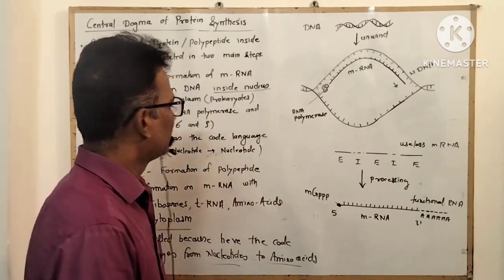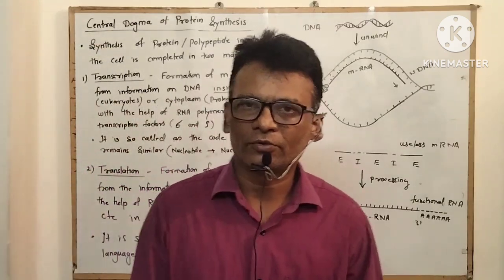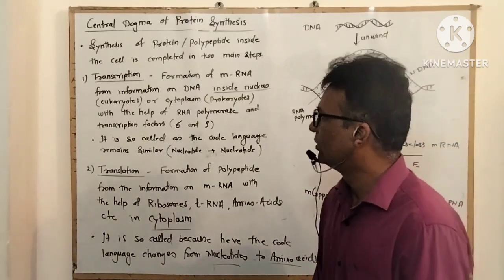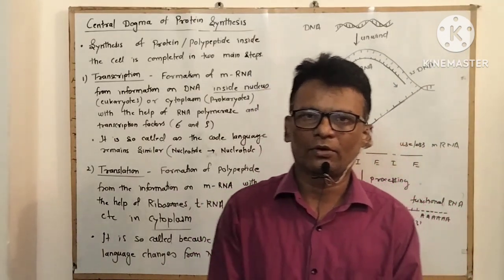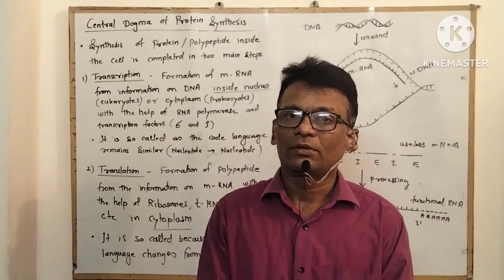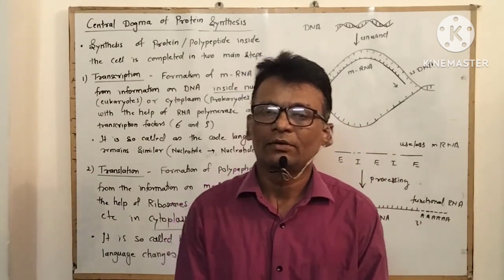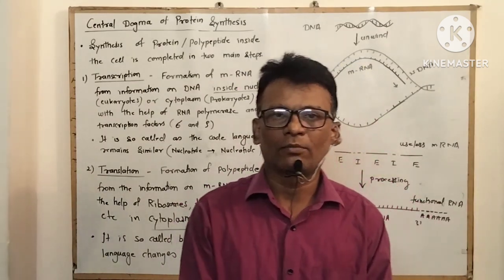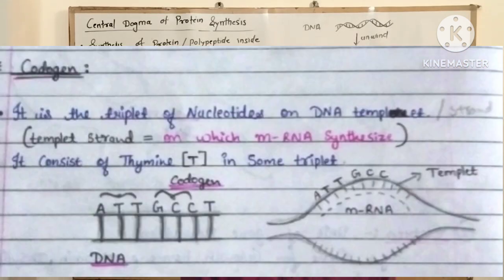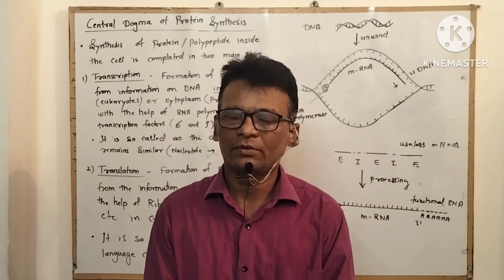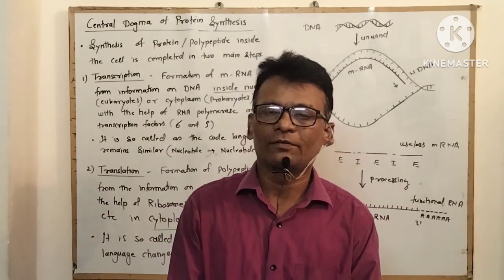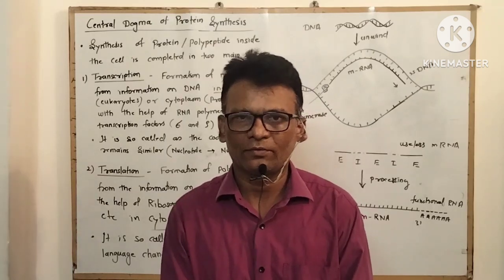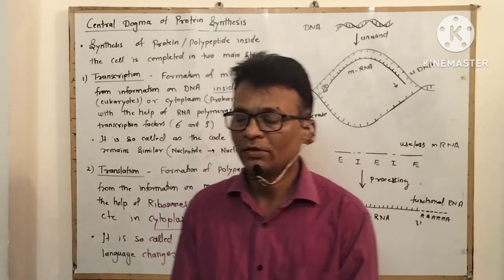Here we can see the transcription process, which involves formation of mRNA on a DNA strand. The DNA contains genetic code in the form of codogen, which is nothing but a triplet of nucleotides, that is A, T, G, C, A, T, G and C, and its different arrangement produces different types of codogen on DNA.